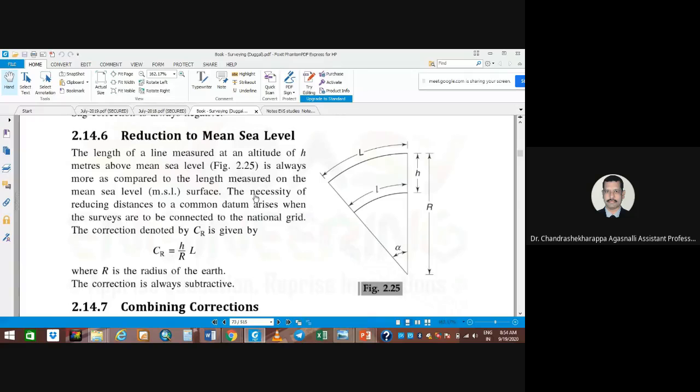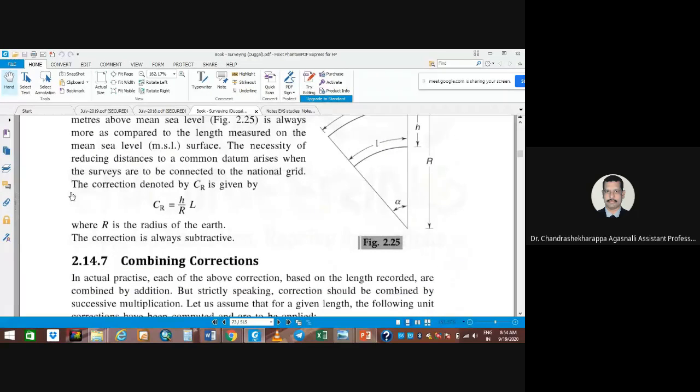The necessity of reducing the distance to a common datum arises when the surveys are to be connected to the national grid, not a local grid. We have to connect to the national grid if we require, otherwise no. The correction denoted by CR is given by CR is equal to H divided by R, multiplied by L, where R is the radius of the earth.